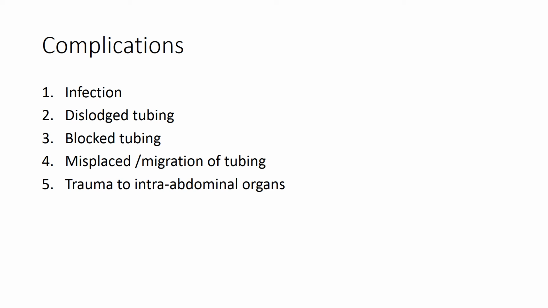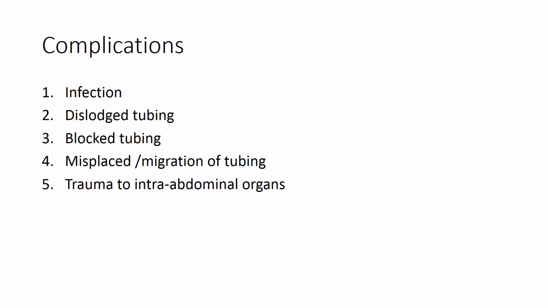And because it's not a closed system, the risk of infection is high. From experience, almost everyone will get an infection, but we've never lost a patient to peritonitis. Many of our patients that receive this sort of treatment are given intraperitoneal antibiotics, and we're able to support them until the renal failure resolves.